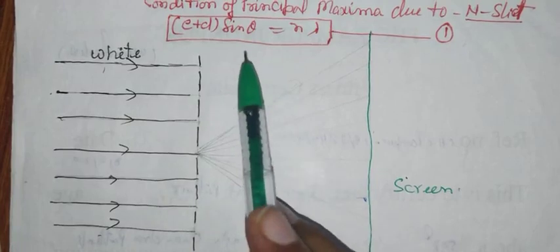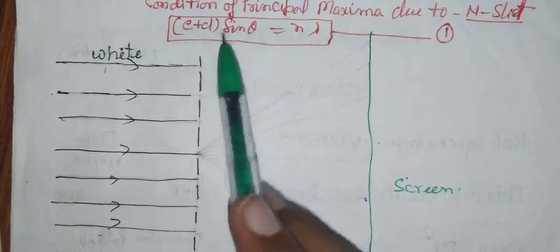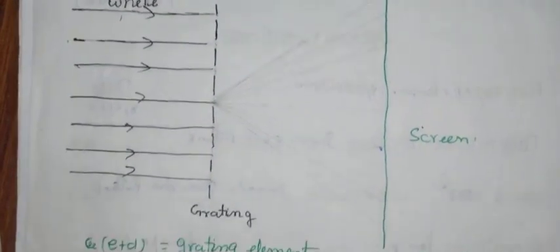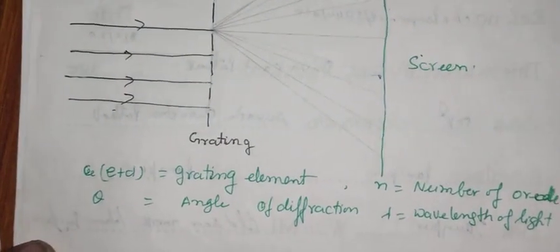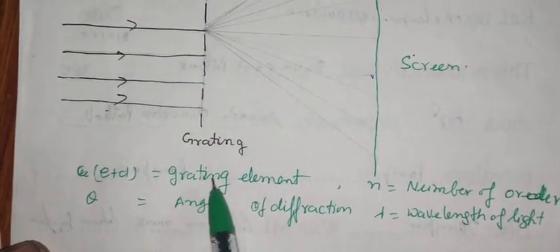Now let us see equation number 1, (e + d) sin theta = n lambda, where (e + d) is called the grating element.